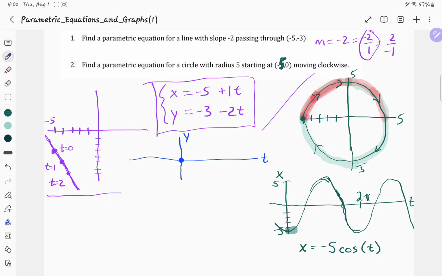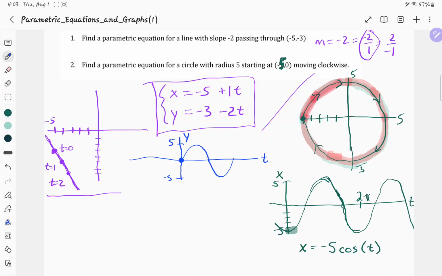So I'll go ahead and mark that on our graph. It goes up to 5, comes back down to 0. And then we'll keep going around the circle. And this time we'll go down to -5 at the bottom of the circle and then back up to 0 again by the time we get to that left side.